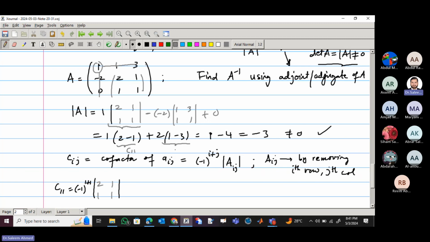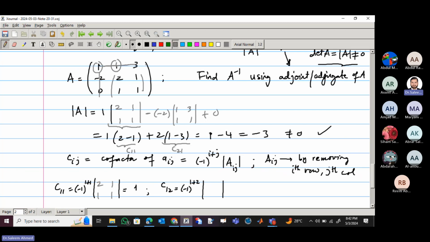This is the cofactor of C21 because this is for second, right? So anyway, what is the answer to this one? It is 2 minus 1 is 1. So C11 is 1. Then I will go to C12. C12 is negative. Why negative? Because minus 1 to the power 1 plus 2. 1 plus 2 is 3. Now C12 is this one. This is A12.